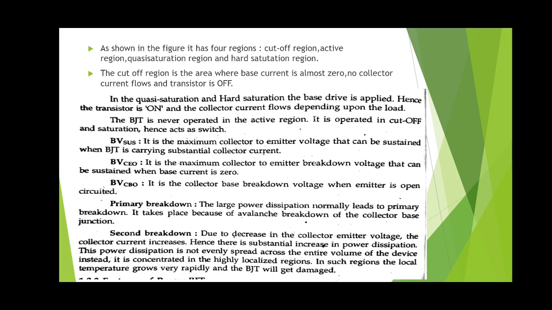So we will go through some of the important definitions of the different parameters in case of the power BJT.